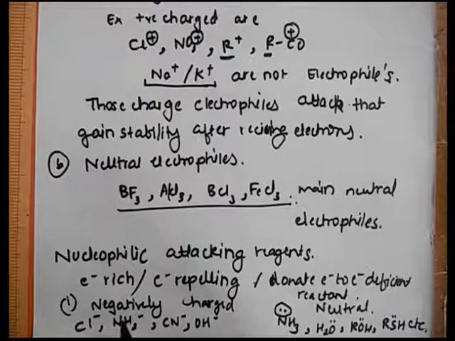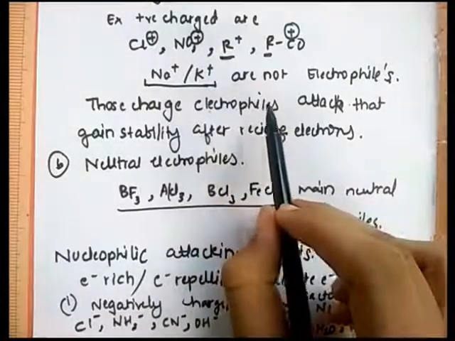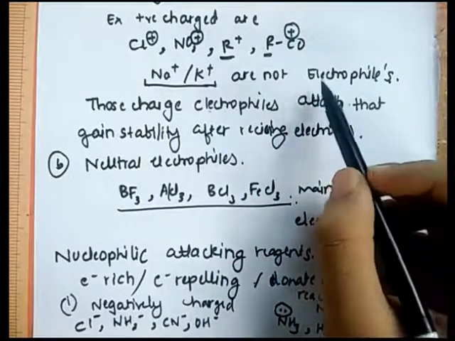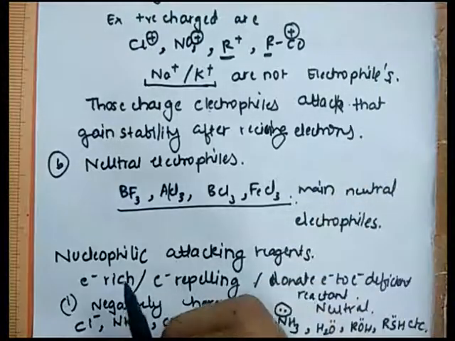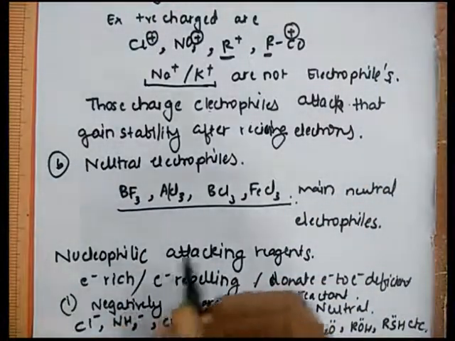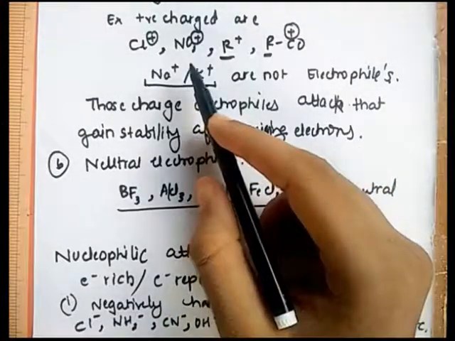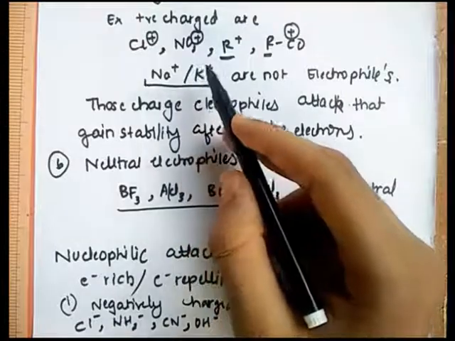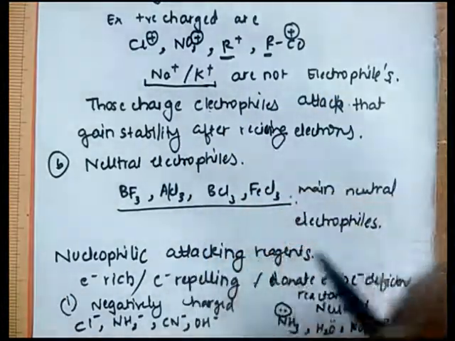So the attacking reagents always tend toward stability. If the negatively charged nucleophiles donate electrons, they will become stable, and electrophilic attacking reagents, if they take electrons, are stable, hence they are classified in this way.